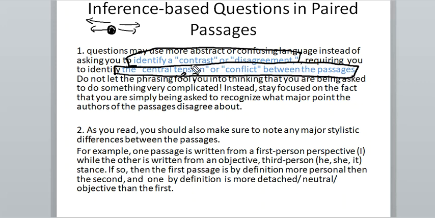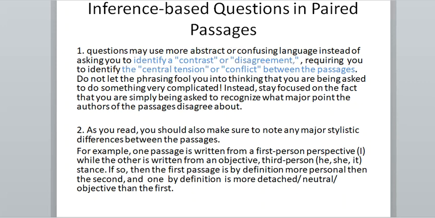All of these words are actually asking for the same thing. Do not let the phrasing fool you into thinking that you are being asked to do something very complicated. Instead, stay focused on the fact that you are simply being asked to recognize what major point the authors of the passages disagree about.